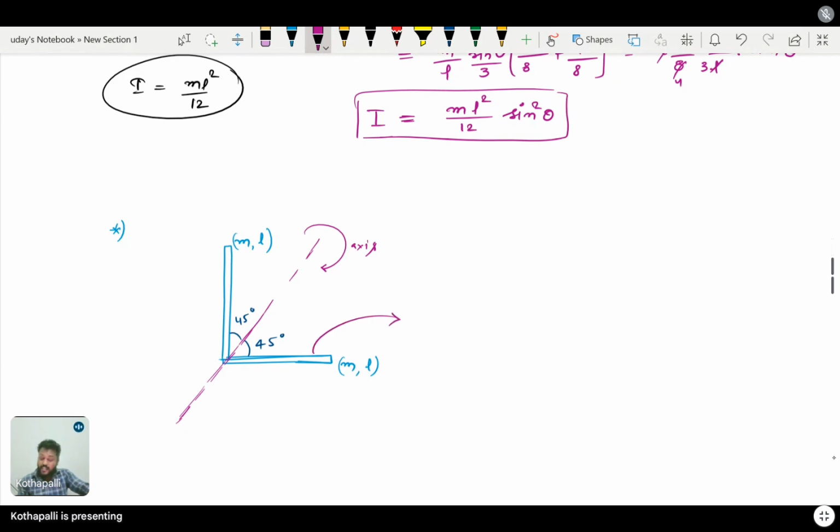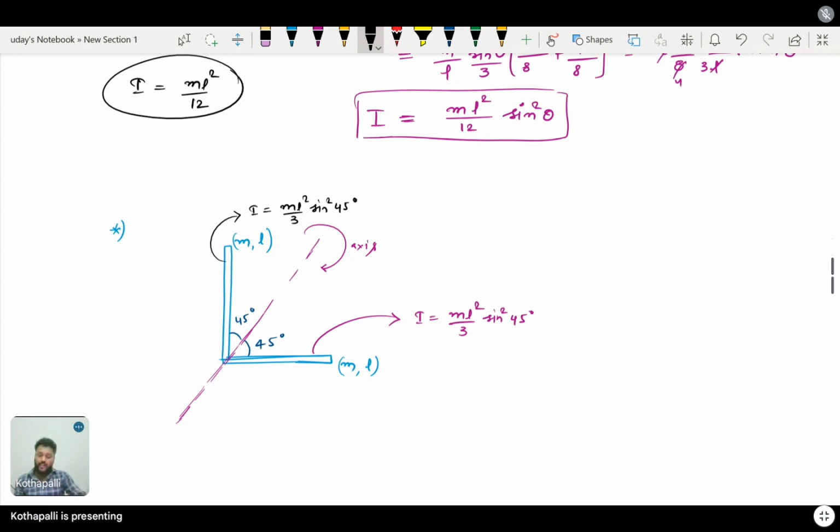The moment of inertia of this rod will be ML square by 3 into sine square 45. What about the moment of inertia of this rod? ML square by 3 sine square 45, because it has the same scenario.